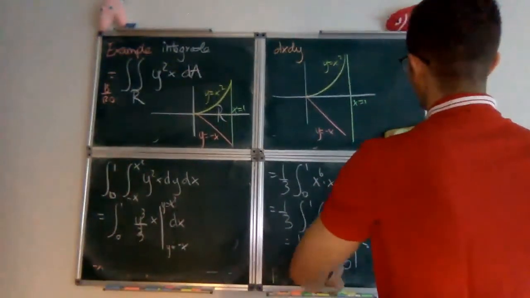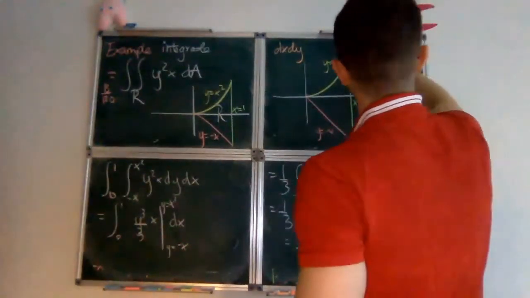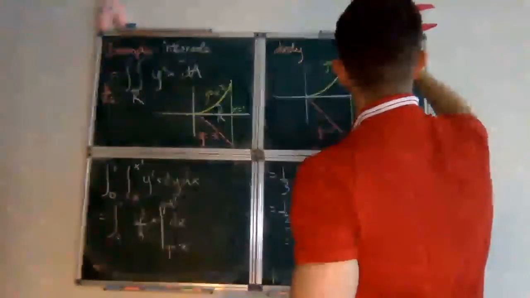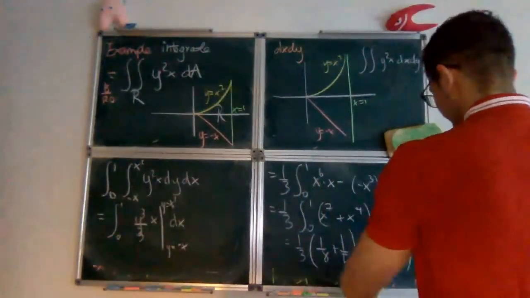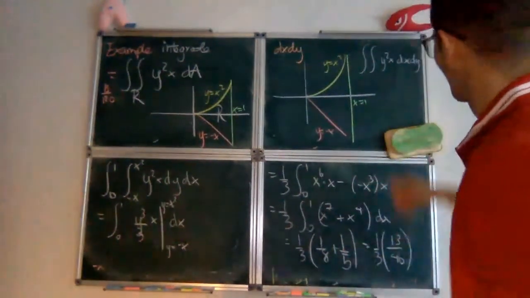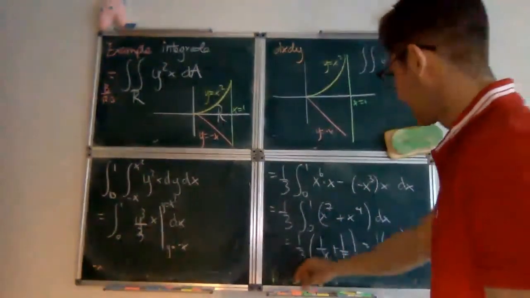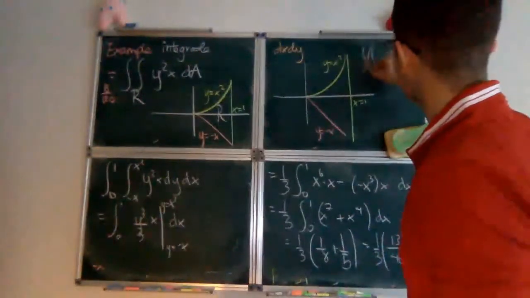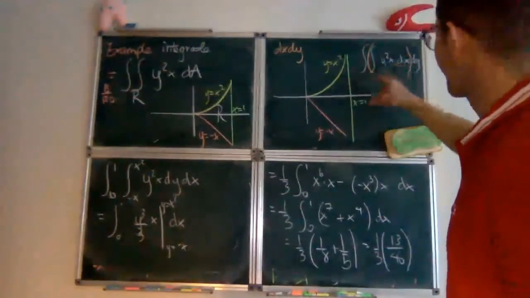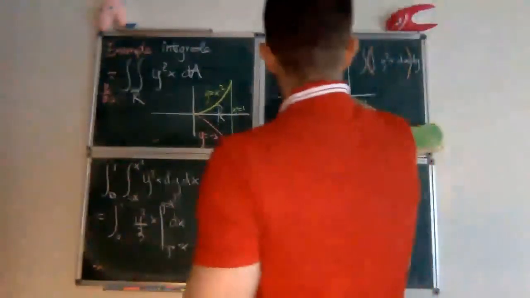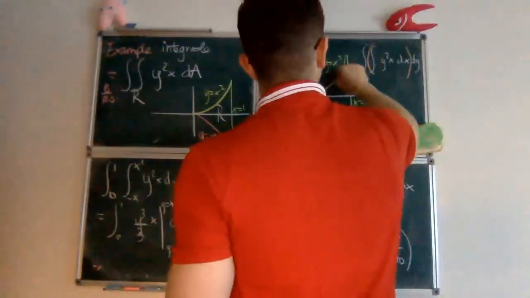Again, now we want to write something like this: y squared x dx dy. Since you're doing the one on the inside first, x is the one that's varying, so y is being fixed. So imagine fixing the value of y.